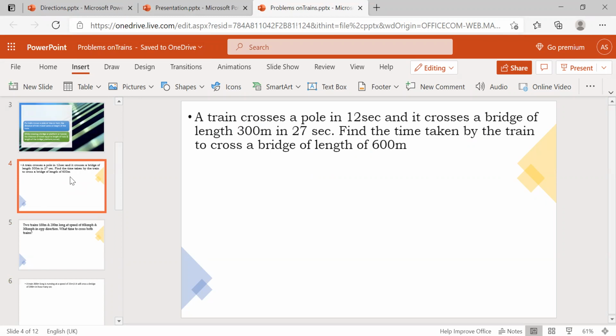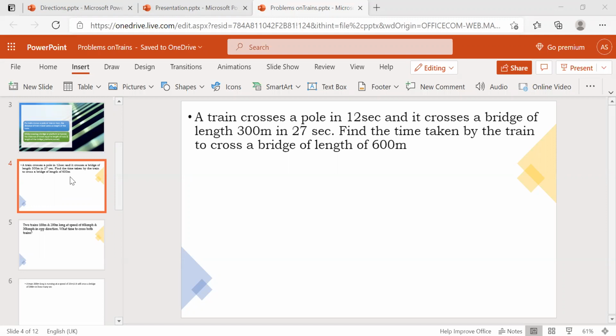Find the time taken by the train to cross a bridge of length 600 meters. Now see what they gave in the data. They didn't give the train length. We don't know the train length, and they gave that it crosses a pole in 12 seconds.